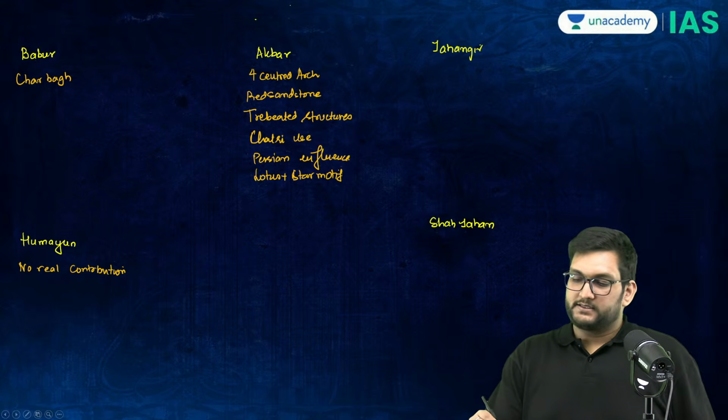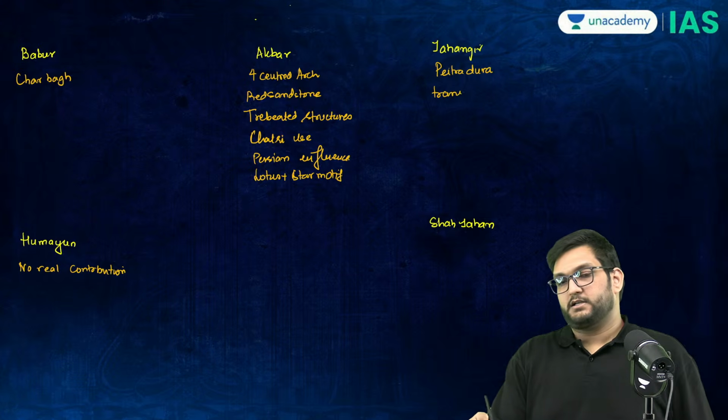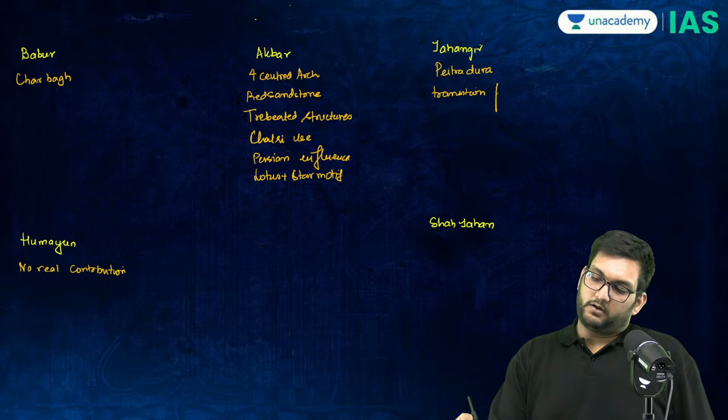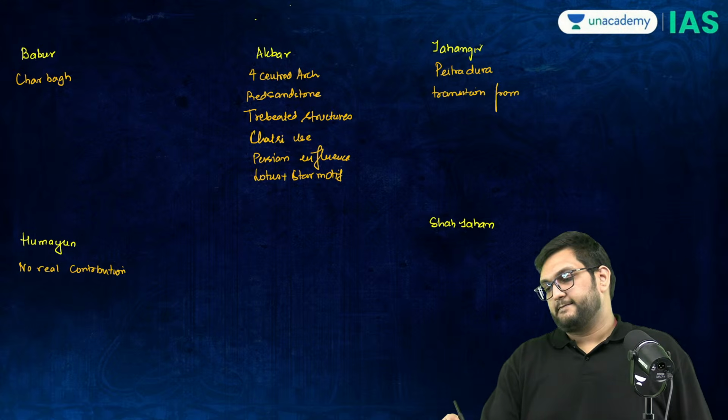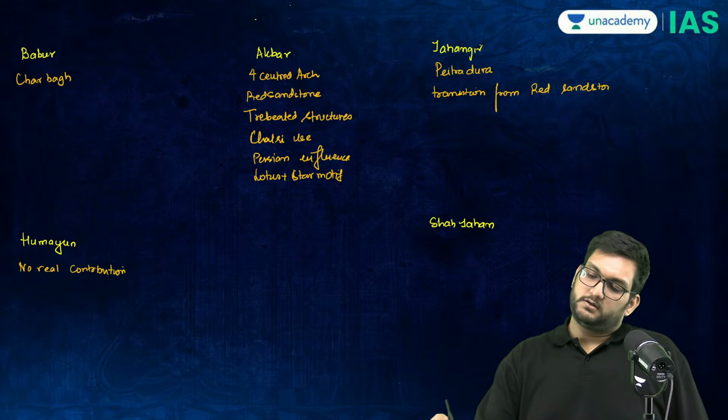Then Jahangir is Pietra Dura and the transition from red sandstone to marble.